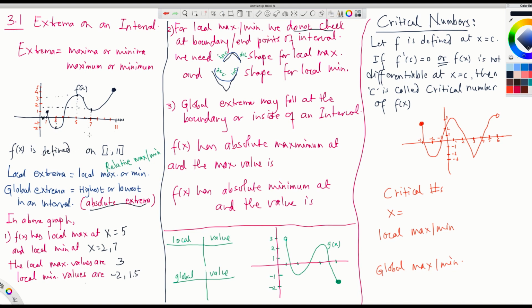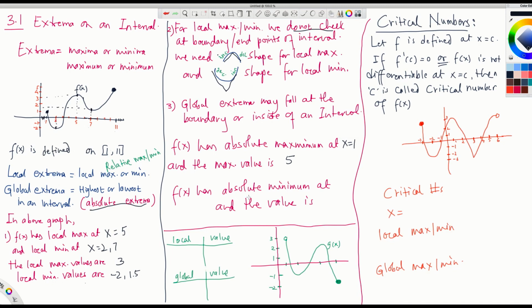Okay, let us see that example. f(x) has an absolute maximum at x equals 11, right? Because this is the highest point. At 11, f(x) has the absolute max or the global max, and the maximum value at that point looks like 5, right? It is 5. We look at the y value or the height for the value.